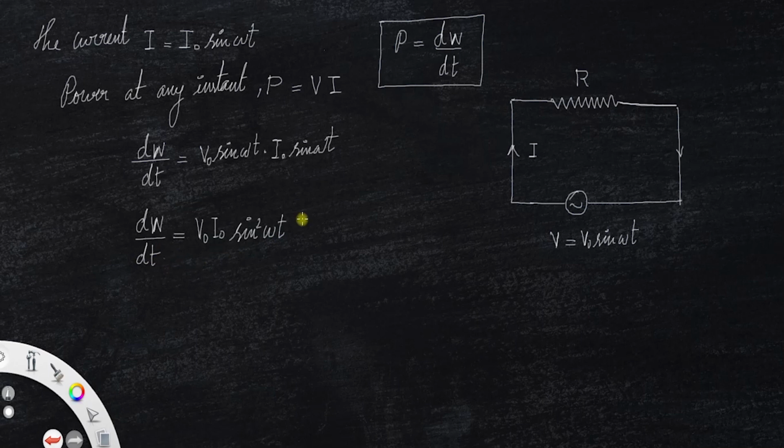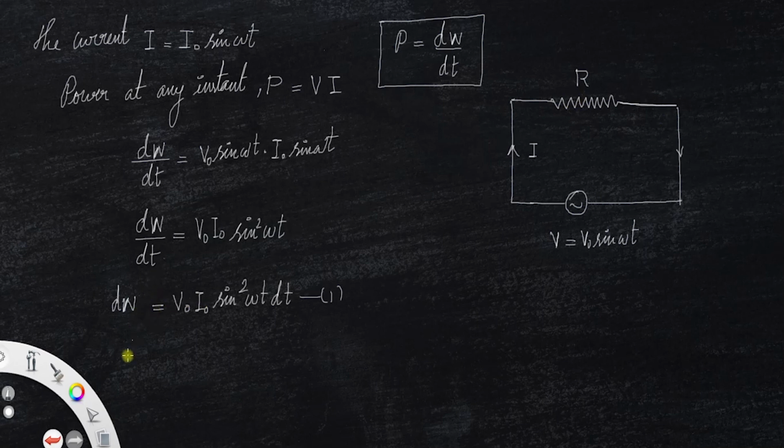I can move this dt to the right, so the work done is equal to V0 I0 sine square omega t dt. Call that equation number 1. So this is the small work done at any instant in a purely resistive circuit.